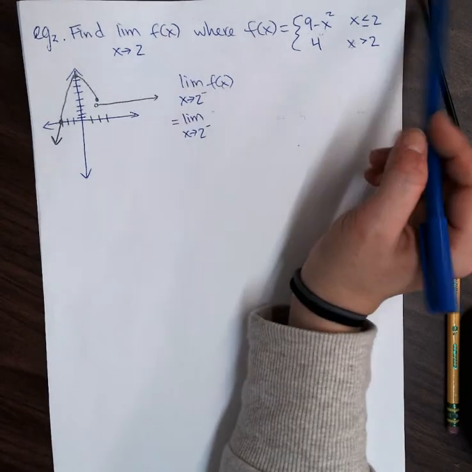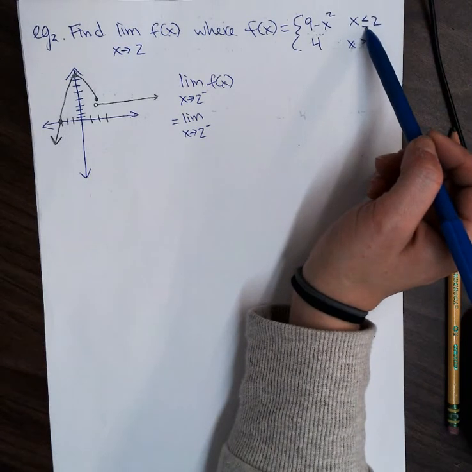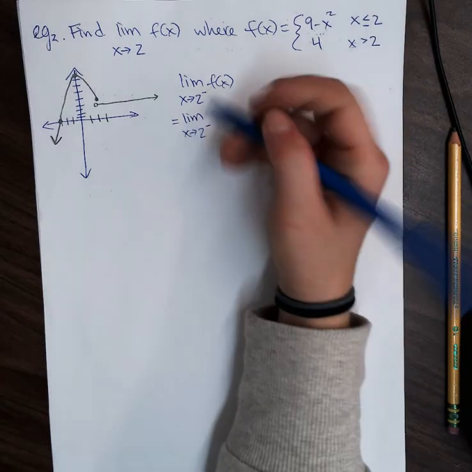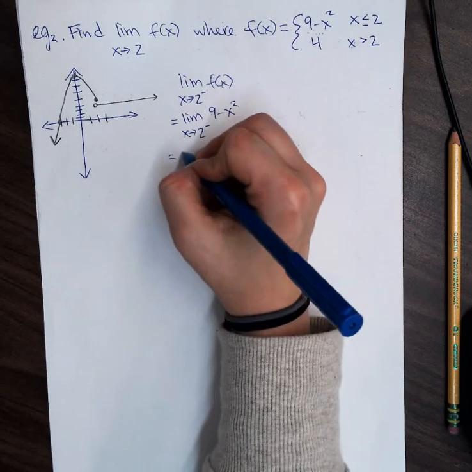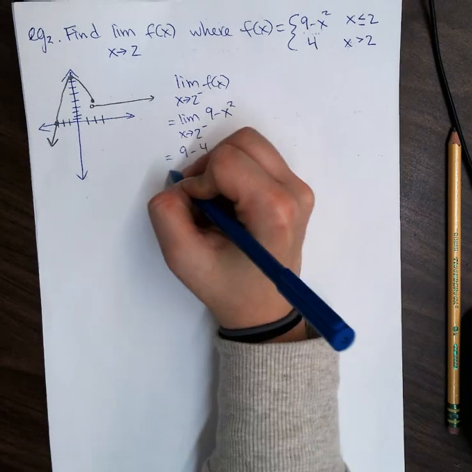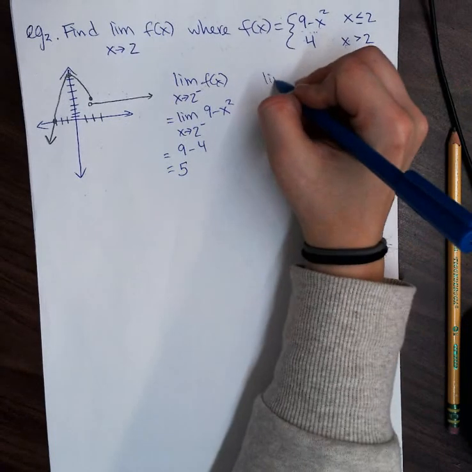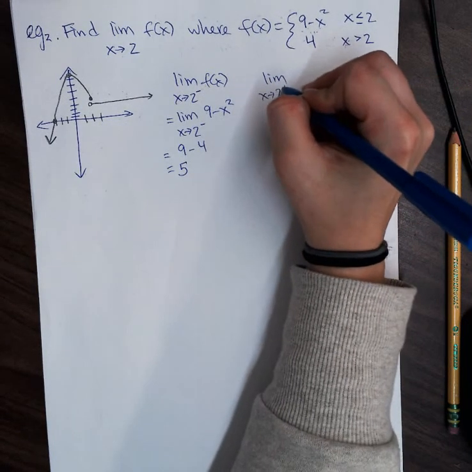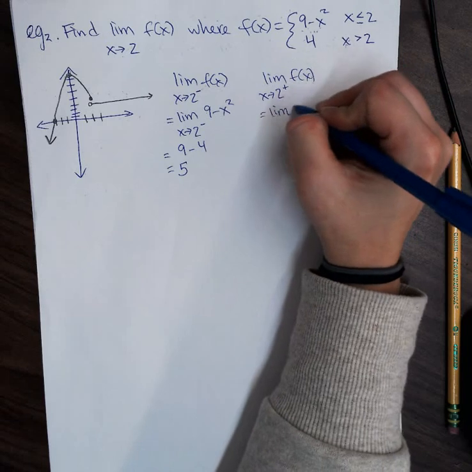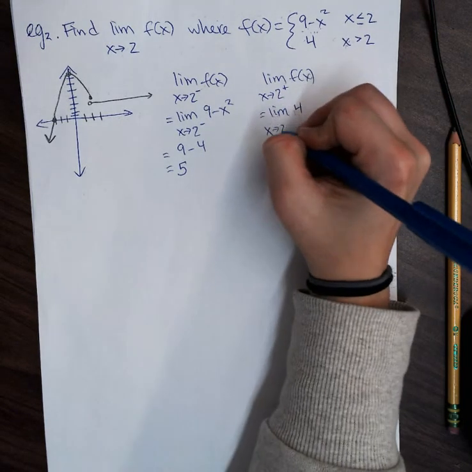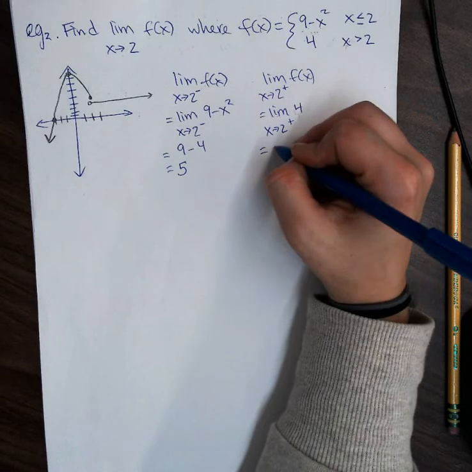Or if you look over here, x is less than or equal to 2, that's the left-hand side of our graph. So it's the limit of 9 minus x squared. When we plug in 2, we get 9 take away 4, which equals 5. The limit as x approaches 2 from the right-hand side of f of x would be our function 4. And we know that when we take the limit of a constant, it equals the constant.